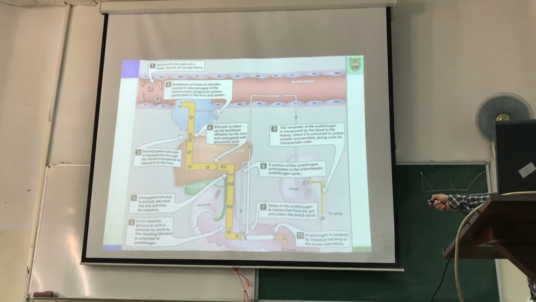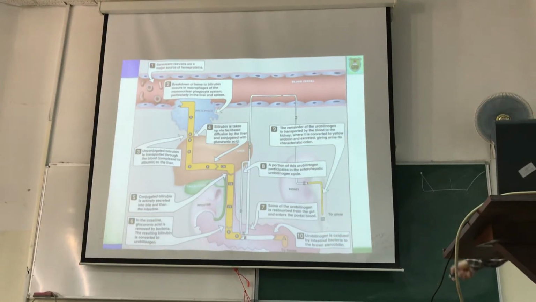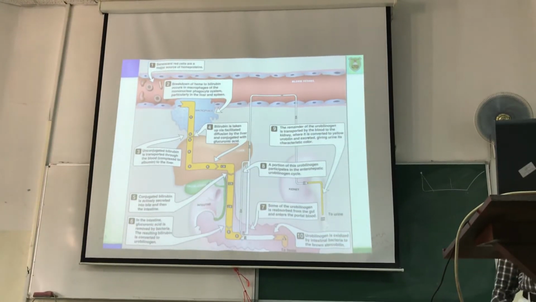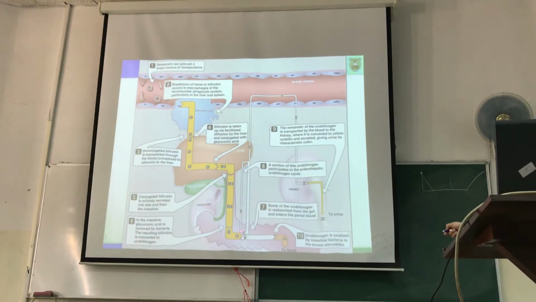Now, the conjugated bilirubin goes into the bile, and from bile it goes into the intestines. In the intestines, bacteria would convert bilirubin into urobilinogen. Most of the urobilinogen continues its road all the way to the large intestines, where bacteria would convert urobilinogen to stercobilin.